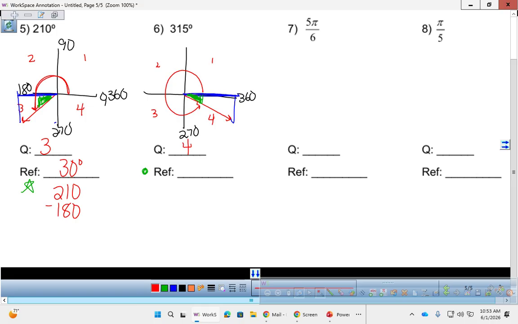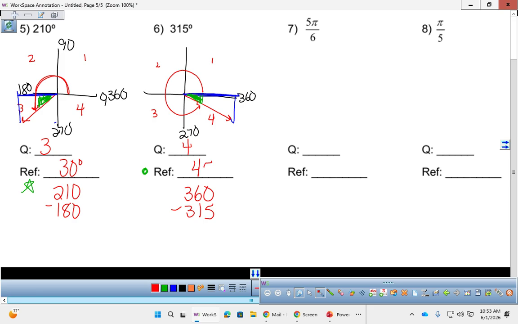So how could I figure out what it is? 360 minus 315. 45 is my reference angle. That is a different rule than the previous one. So just know the rules change as the quadrants change. So did you do 315 minus 270? Because I did 360 and then I did 270 something. You can totally do that. Okay. Yep.